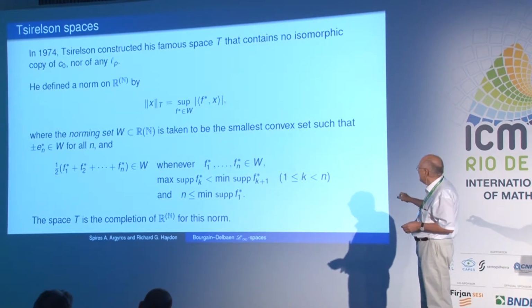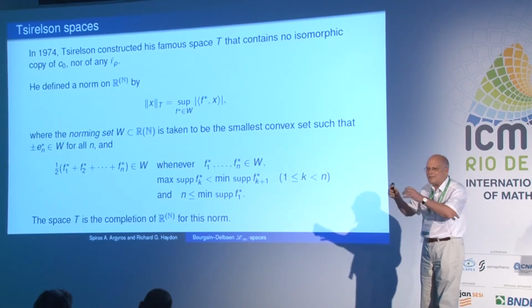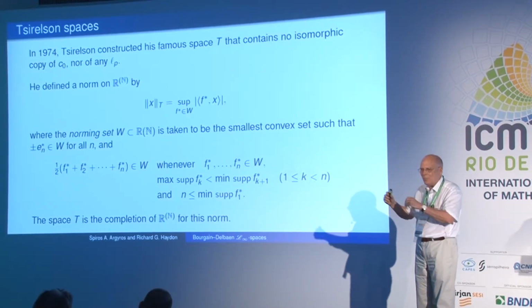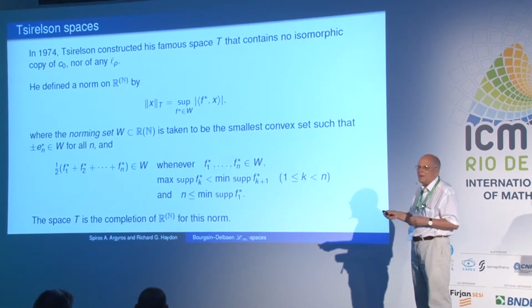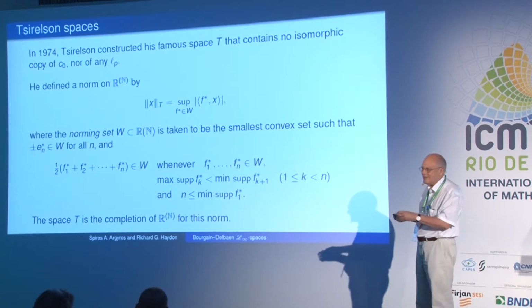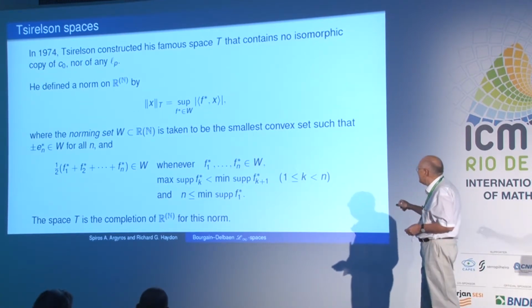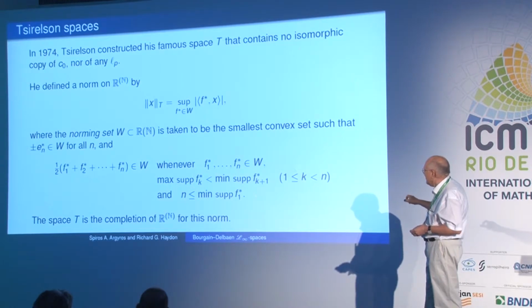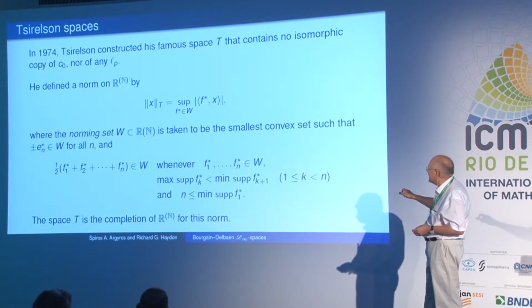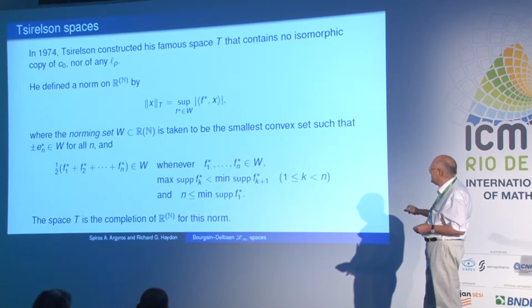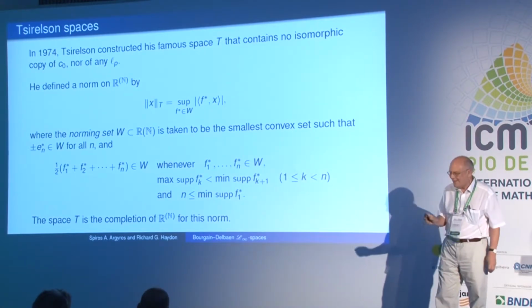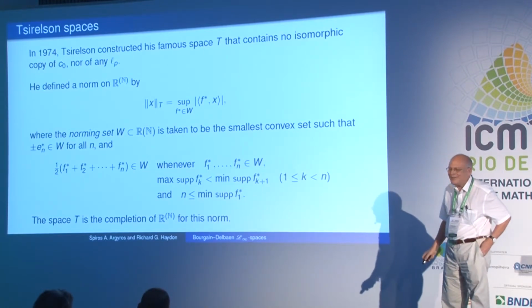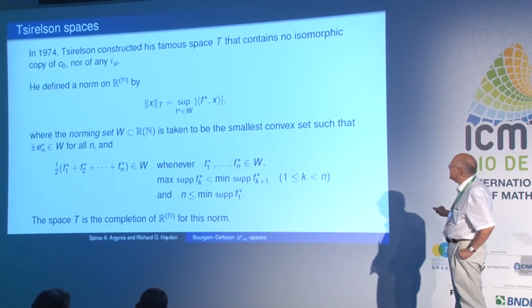This condition, that's the condition that we usually say that the f star k's are successive, that the support of one lies to the left of the support of the next one, or else you can call them a finite block sequence. Both these words are in action. However, the interesting condition is that one, which says that the number of blocks you're allowed is up to n if the first one starts at n. That was the clever bit of the Tsirelson construction.